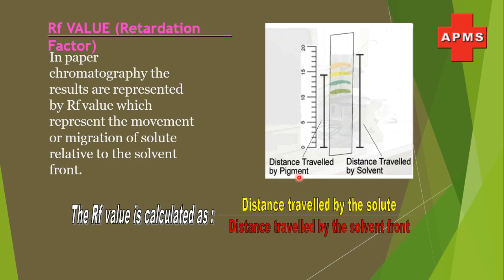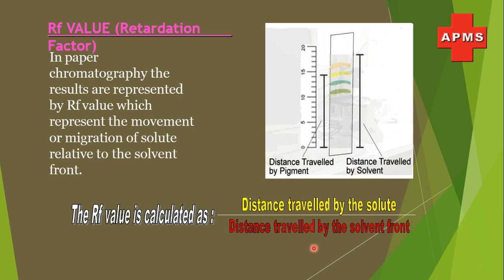So obviously we can observe here that the RF value for any sample component will be less than 1, because the solvent, which is the mobile phase, travels faster compared to any sample component. Suppose a sample component travels with the solvent speed, with the mobile phase speed, then we will get an RF value of 1.